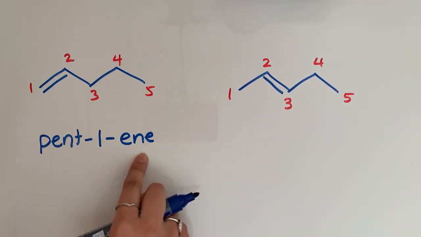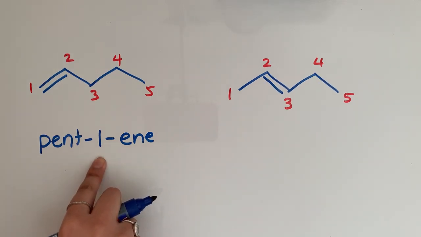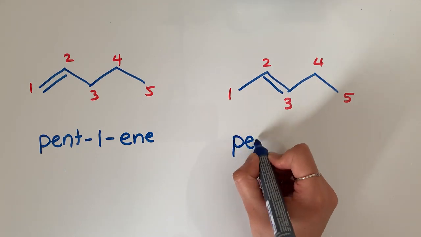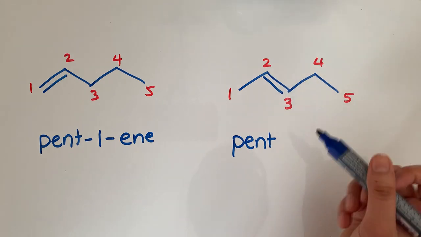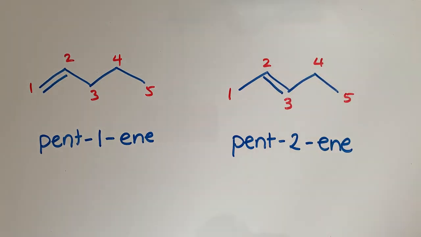Me putting the number just before the ene means that the double bond is found starting from carbon 1. This one over here, 5 carbons, pent, double bond falls between 2 and 3, so this is pent-2-ene. And again, these are structural isomers of each other. Same molecular formula, but different structural formula.